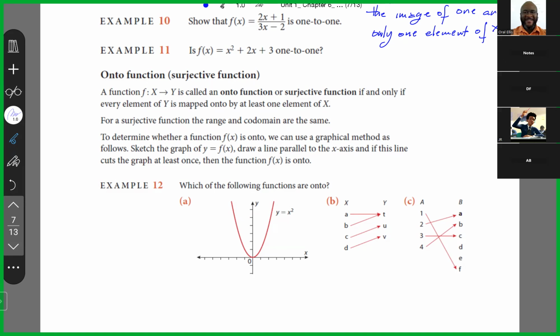Now, to determine whether a function f is onto, we can use a graphical method as follows. Sketch the graph of y is equal to f of x. Draw a line parallel to the x-axis, and if this line cuts the graph at least once, then the function is onto.